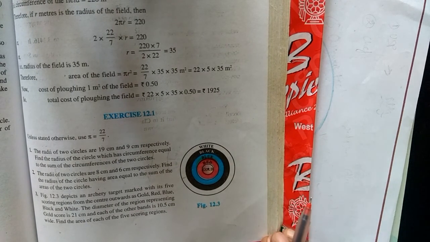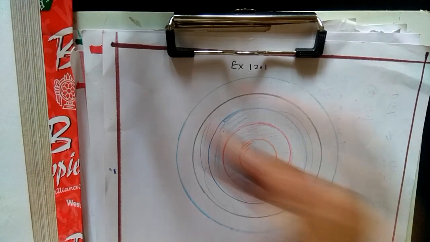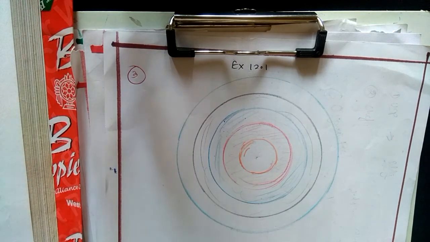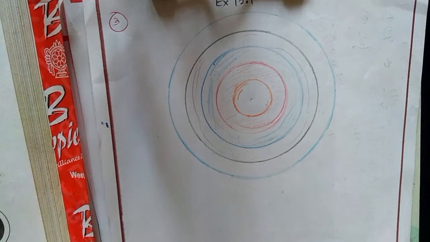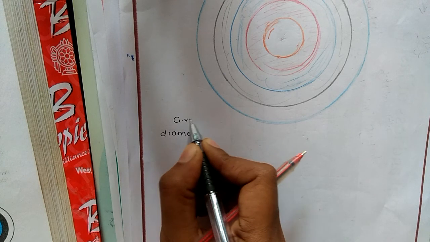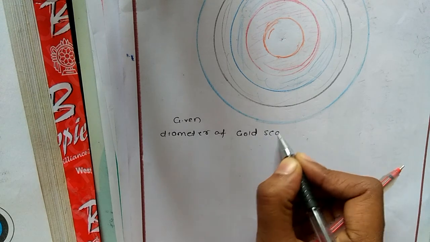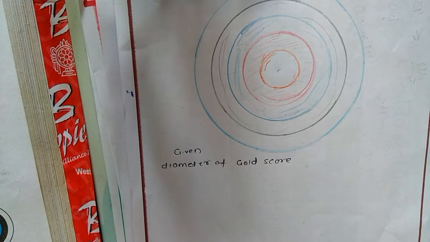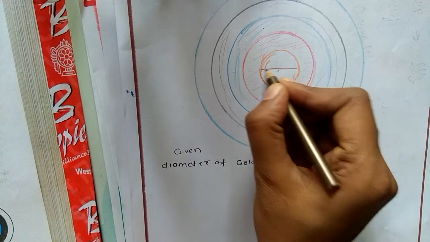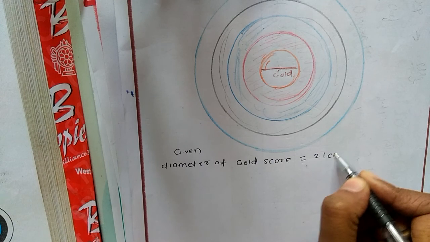So let us first write the given things, so that there is no need to look at the question again and again. I have drawn the regions here. This is question number 3. It is given that the diameter of the gold region, or the gold score, this is the gold region, is 21 centimeter.